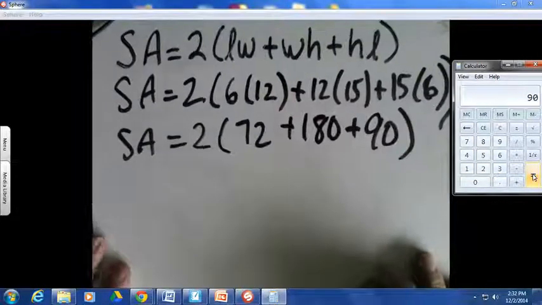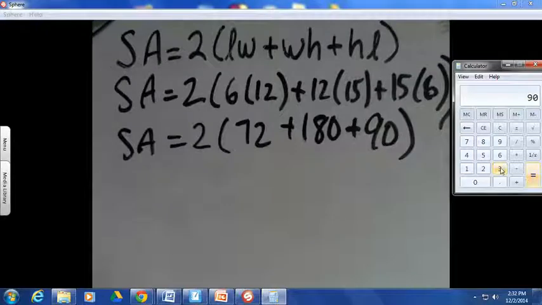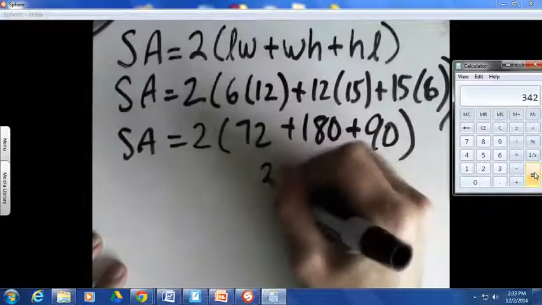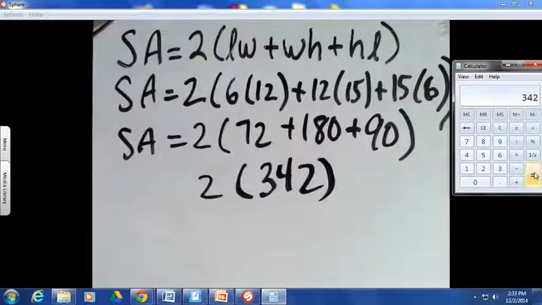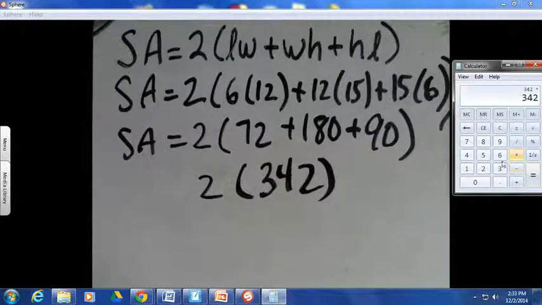Now we add those together. 90 plus 180 plus 72, 342. We're going to multiply all that by 2.